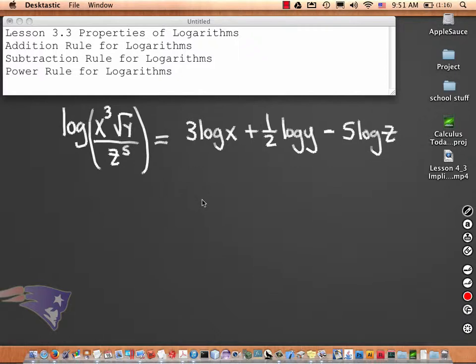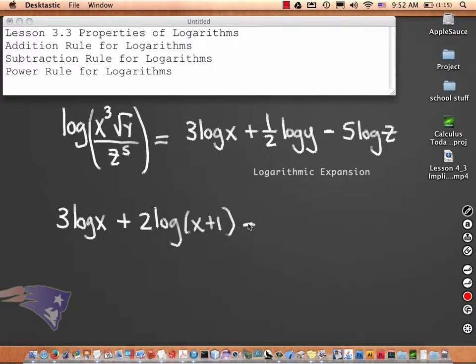Does that make sense? What about going from that back to that? Yes. This right here is called logarithmic expansion, what we just did. And so what you're talking about is logarithmic compression. So if I have 3 log of x, let's say plus 2 logarithm of x plus 1 minus 5 logarithm of x squared plus 1.